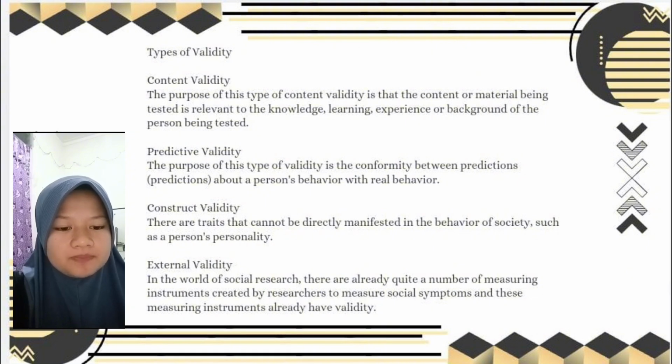External validity. In the world of social research, there are already quite a number of measuring instruments created by researchers to measure social symptoms, and these measuring instruments already have validity.